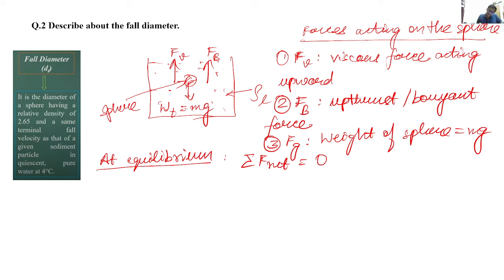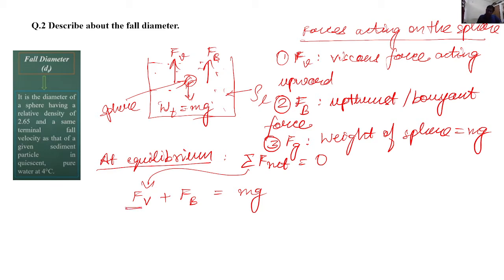So it's very simple. Just equate the net upward forces with the net downward forces. The net upward forces happen to be the summation of the viscous force with the buoyant force, and the net downward force happens to be that of the gravity.